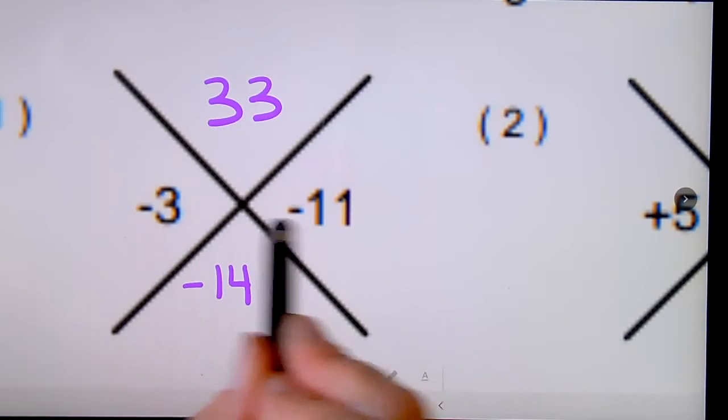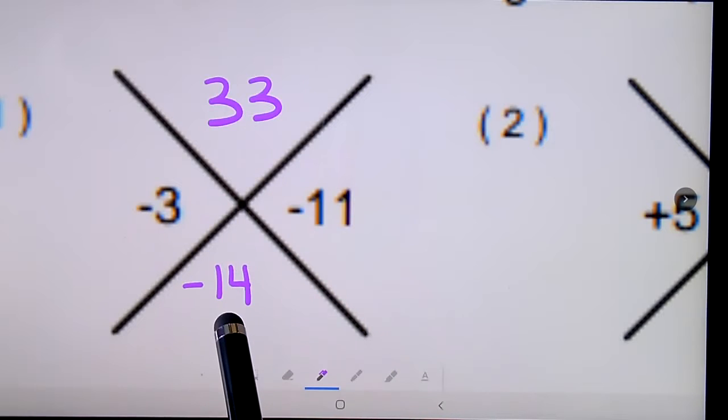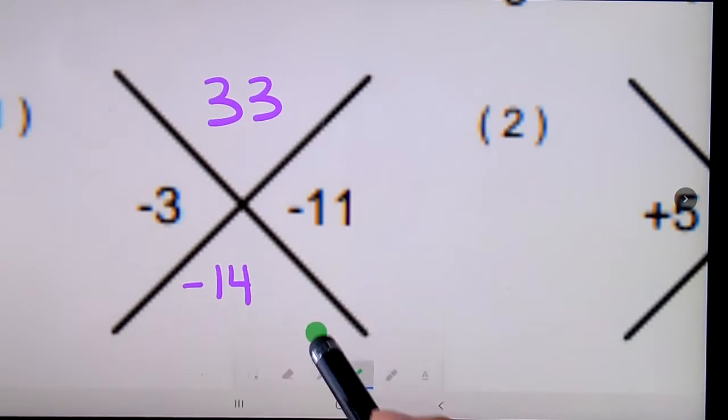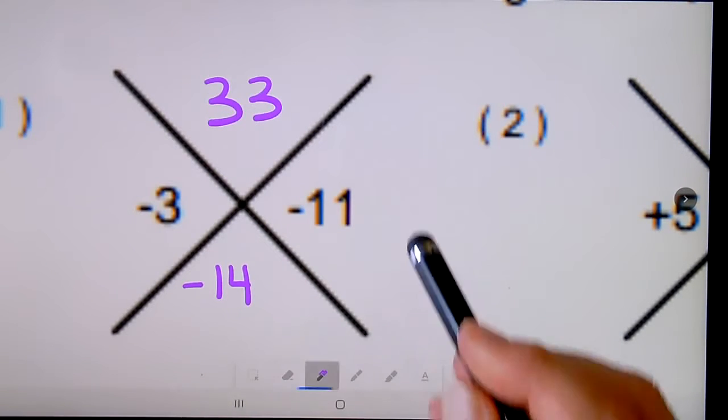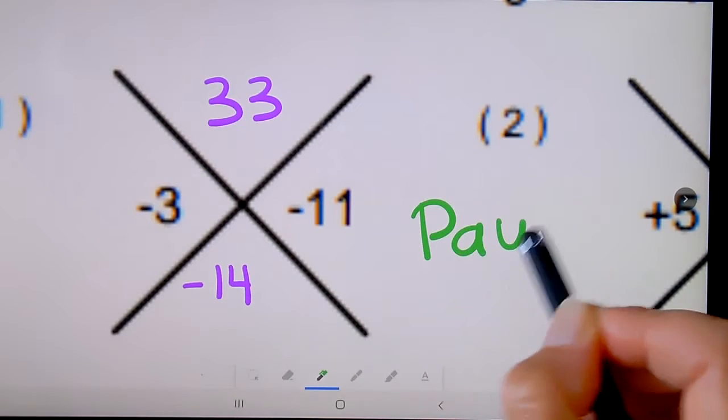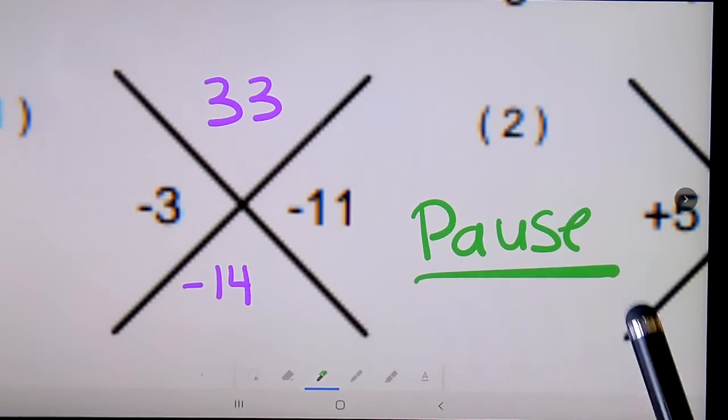So right now, I'm going to write the word pause. You can pause this, do the rest on your own, and then come back and check your answers. Okay, so at this point, press pause.